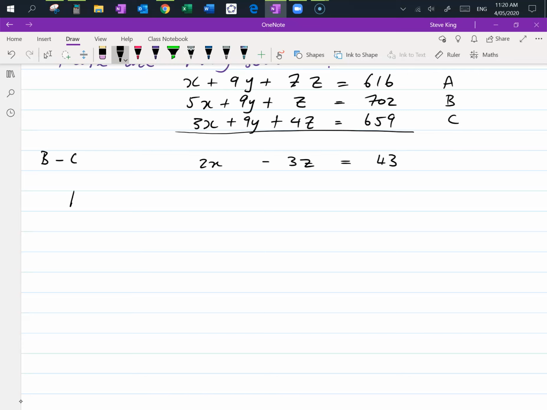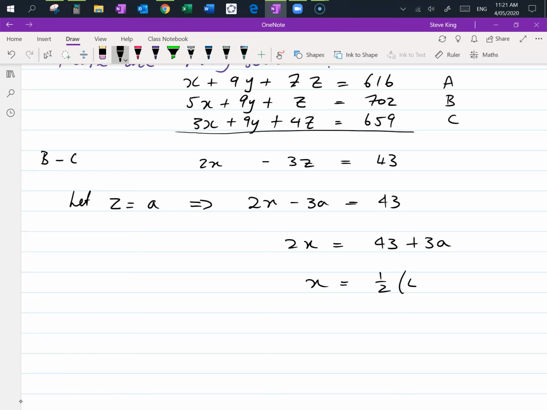What I'll do next is I'm going to say let z equal a. That means that this equation is going to read 2x minus 3a equals 43. So 2x is going to be 43 plus 3a. And so x is going to be a half of 43 plus 3a.